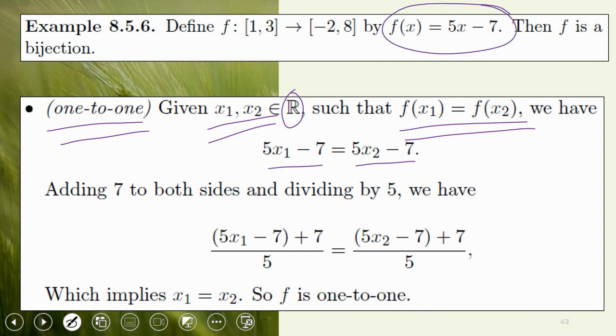We substitute those in. By algebra, adding 7 and dividing by 5, we will find that x sub 1 must equal x sub 2. So this means f is one-to-one. Because if two elements in the domain map to the same element in the codomain, then those two elements in the domain must have been the same to start with.